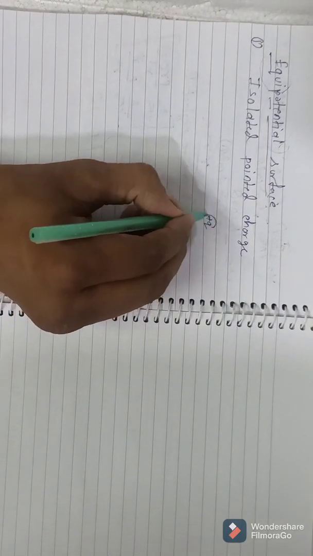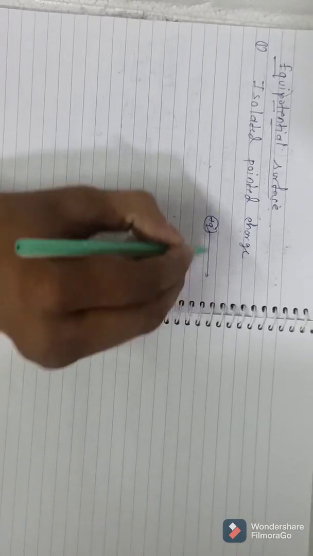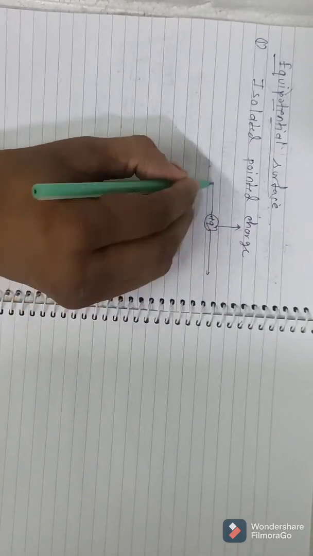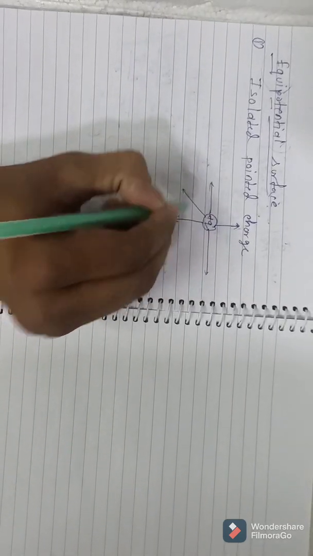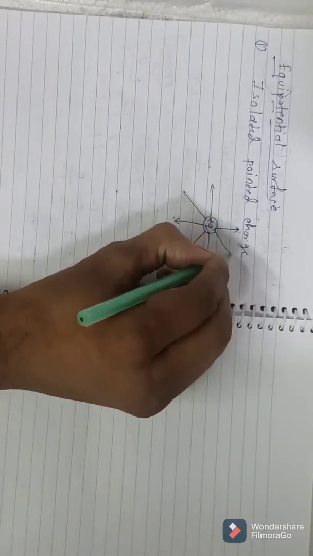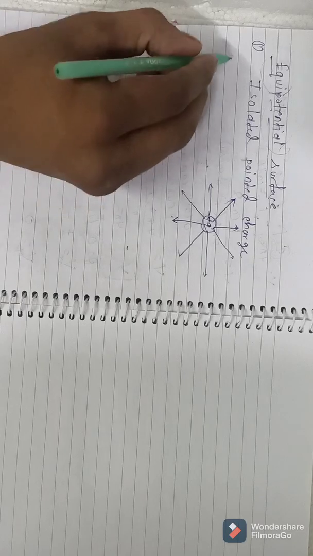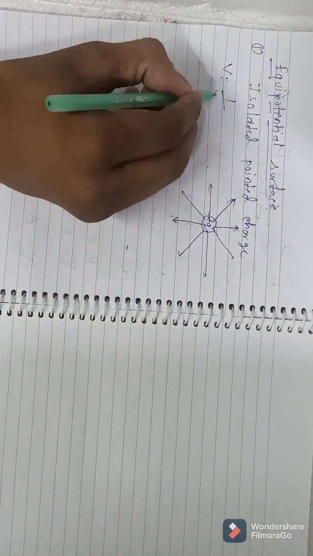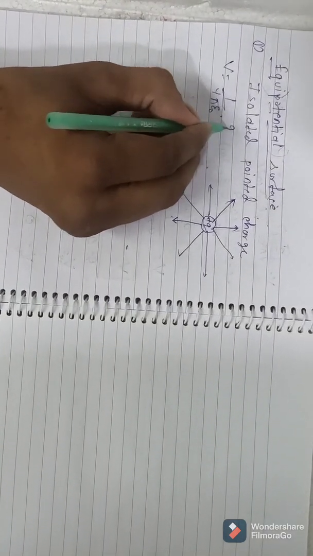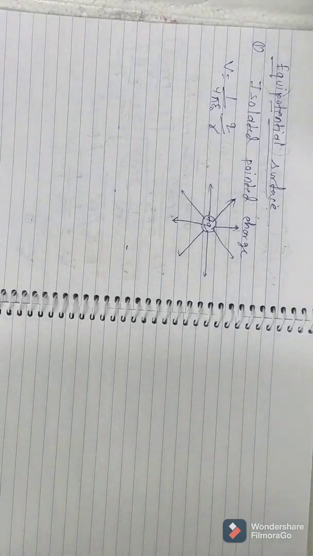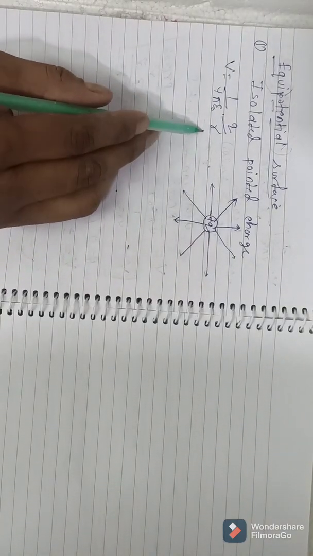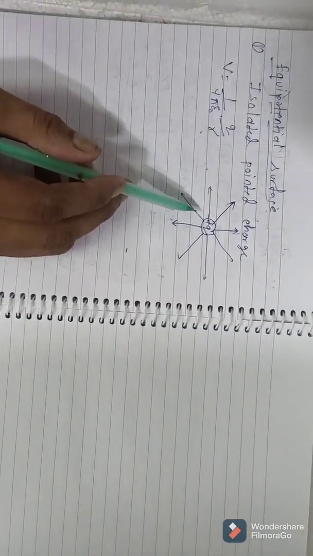We know that the electric field lines always emerge out from the plus q charge. And one more thing, we know the formula V equals 1 by 4 pi epsilon naught q by r, that is the potential at a distance r from a charge plus q.